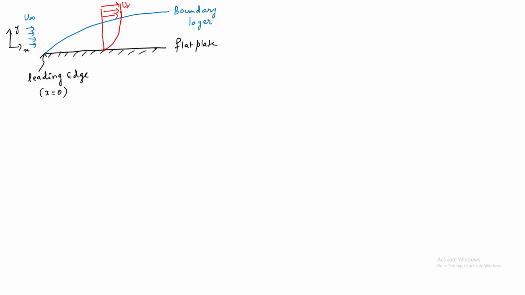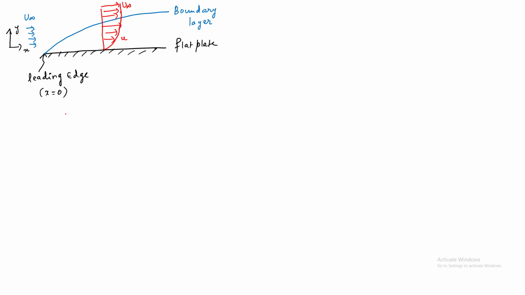Here it will become u infinity. So u varies along the y direction from 0 to u infinity. At a far away distance from the plate, the velocity will become the free stream velocity. That is the concept.